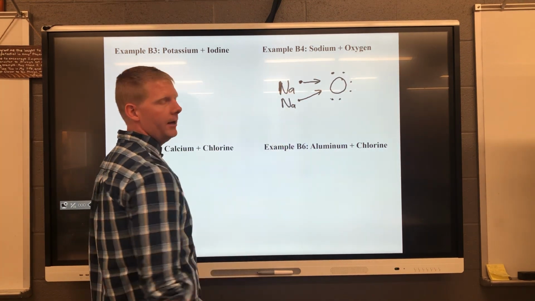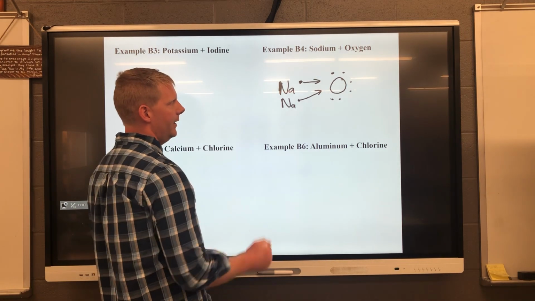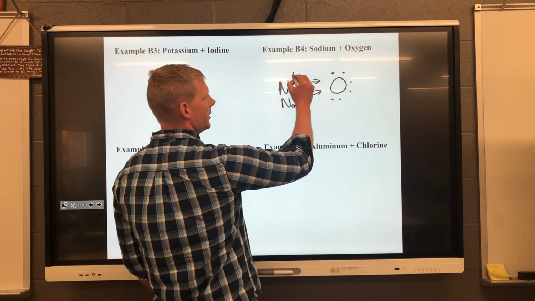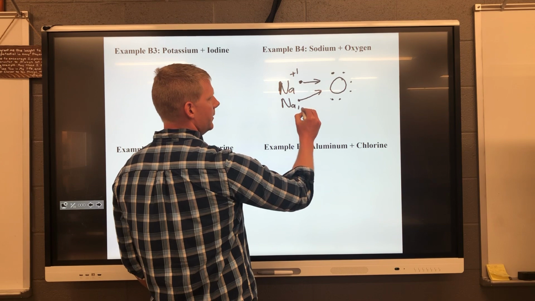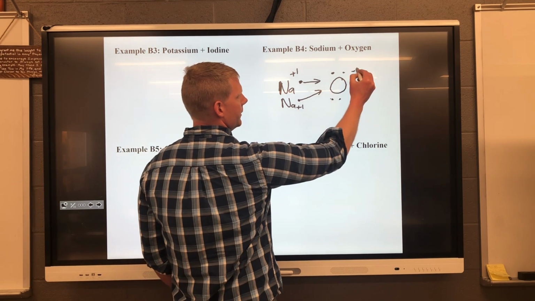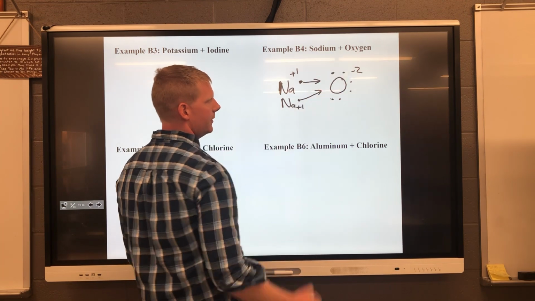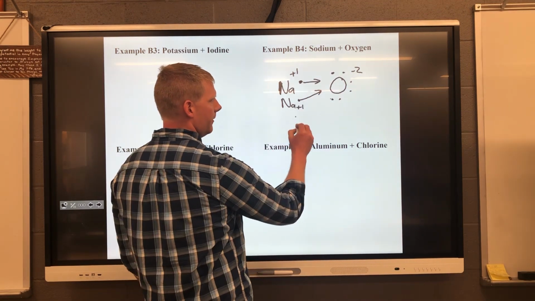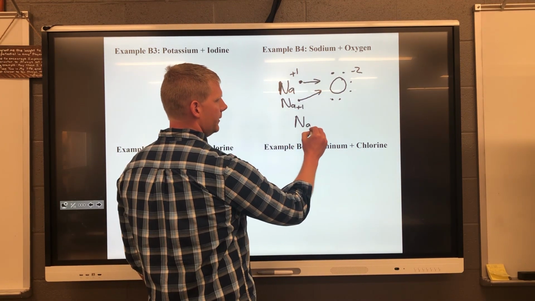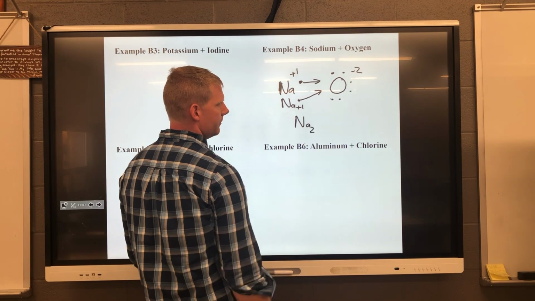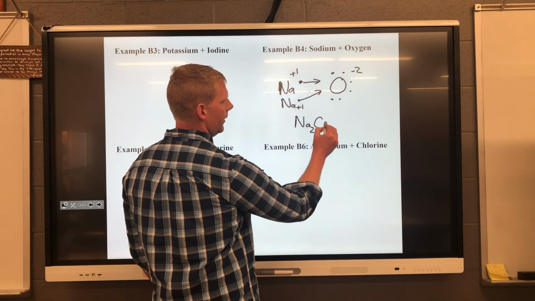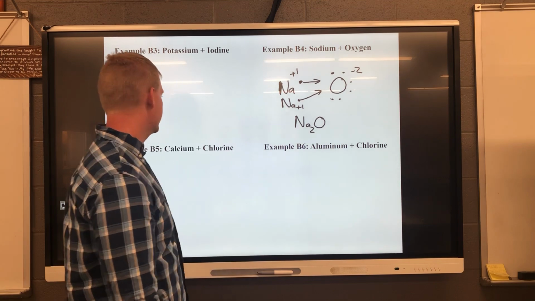Both of these sodiums got rid of their electrons, so they went down to 0. Again, our charges, this would be +1, +1. This is -2. So overall we have +2, -2, it cancels out, we're good. The chemical formula, Na, we need our subscript 2, and then we have 1 atom of oxygen.